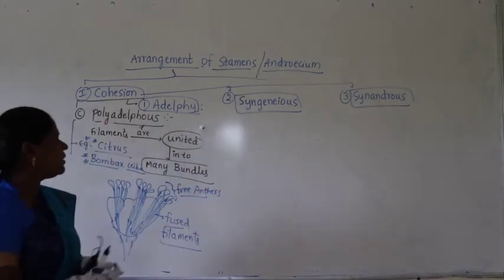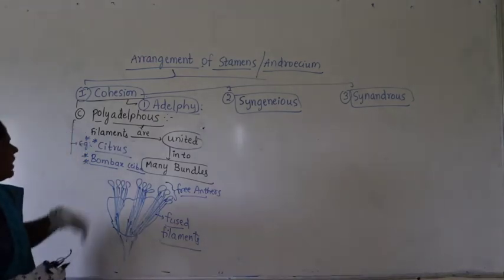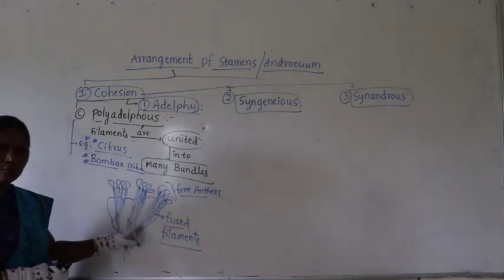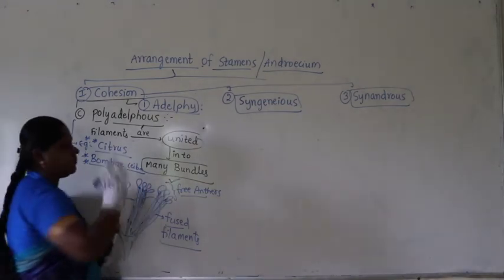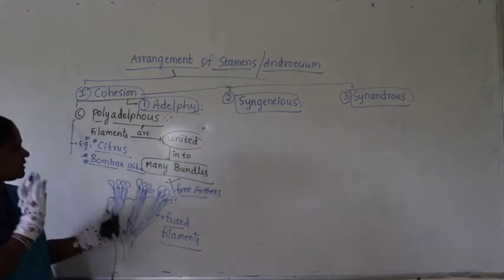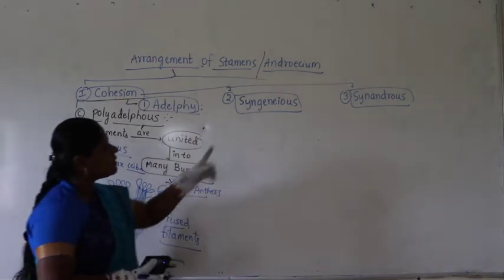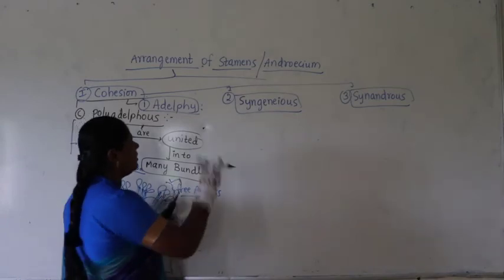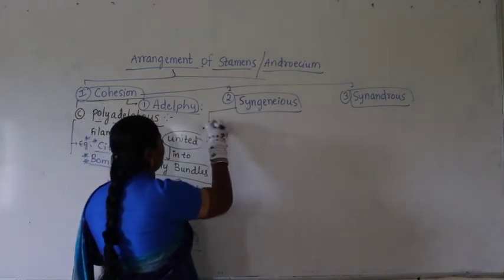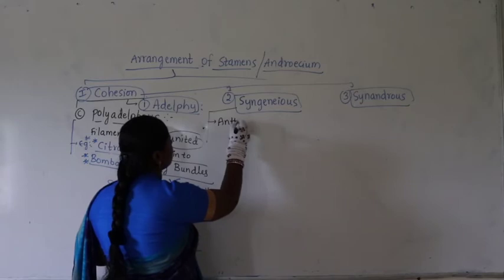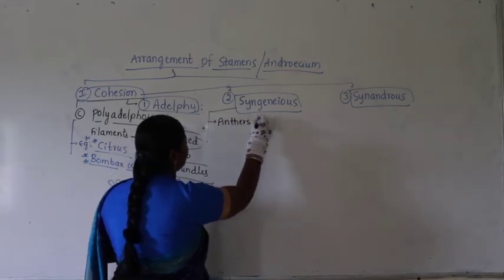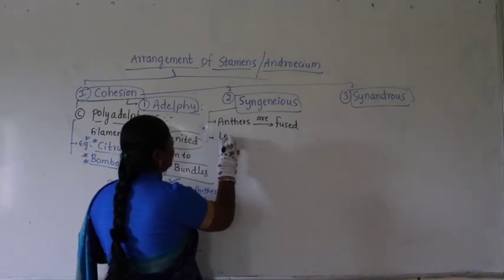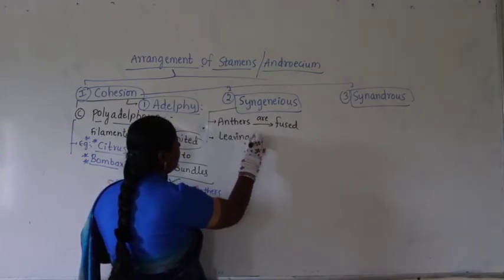What is the meaning of Syngenesis? So far what we have understood in case of Adelphi, all filaments are fused but anthers are free. Now we make the condition as reverse, then it will become what is called Syngenesis. What is the meaning of Syngenesis? Now in this case we will write anthers are fused, leaving filaments free.